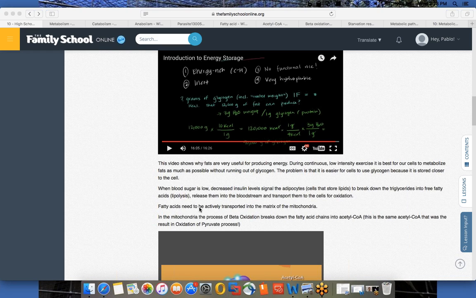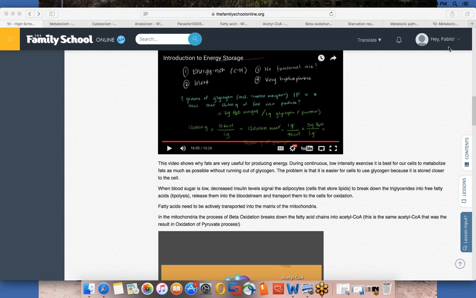And in order for those proteins to work, they need ATP energy to make the reaction. They are in the cell membrane and also in the membrane of the mitochondria.